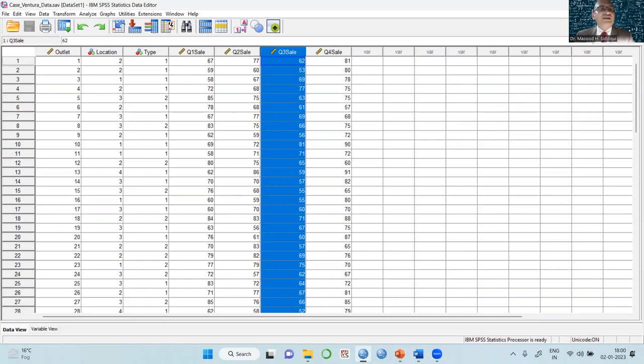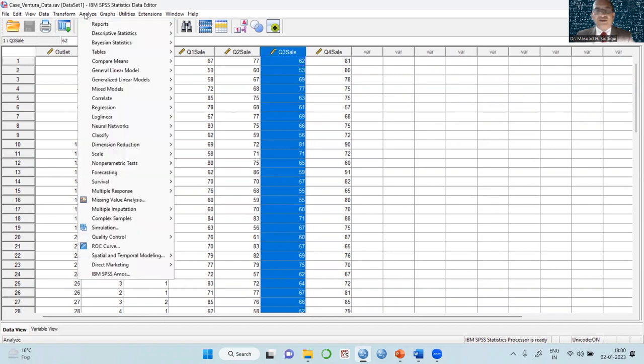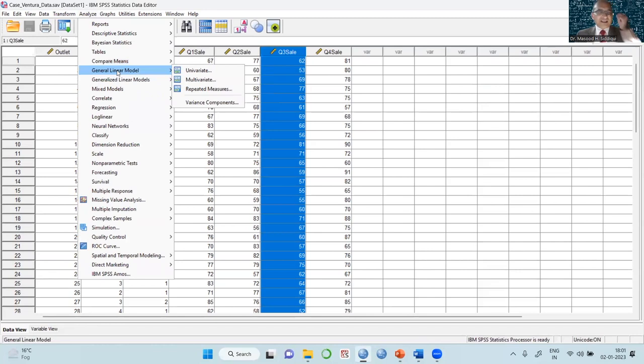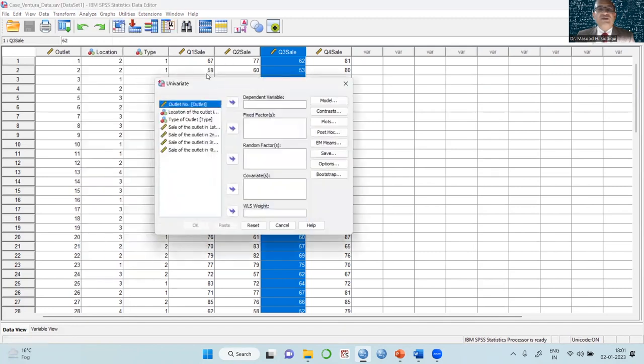As we know, all the analytical tools are available under Analyze. Remember, one-way ANOVA was available in compare means, but this is available under general linear model. So our path would be Analyze, then general linear model, then univariate.